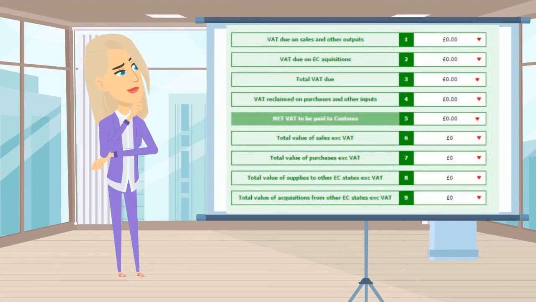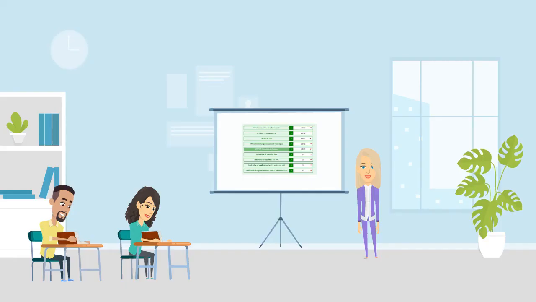But if your inputs are larger than your outputs, then you are due a reclaim from HMRC. In box 6 you have the total value of sales excluding VAT, box 7 the total value of purchases excluding VAT, and then in box 8 and box 9 we have the total value of supplies to other EC states excluding VAT and the total value of acquisitions from other EC states excluding VAT.